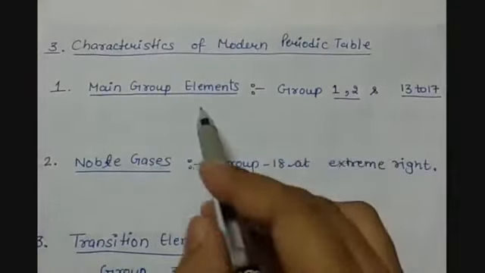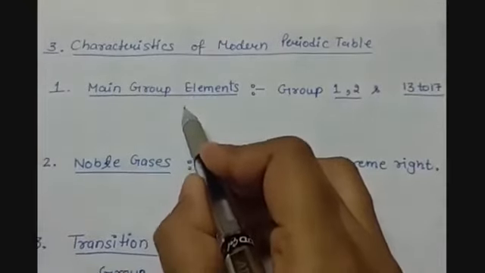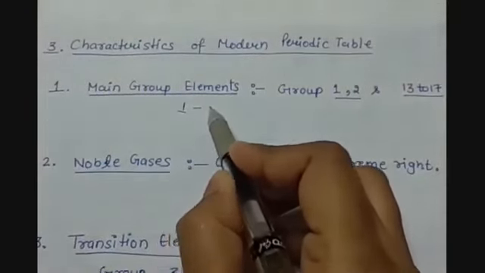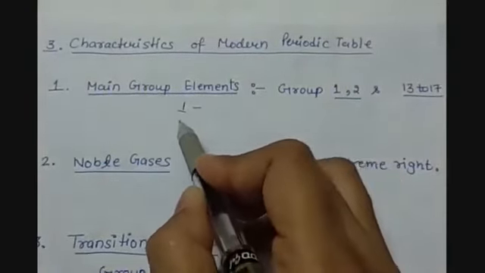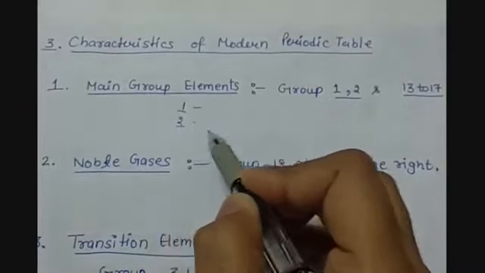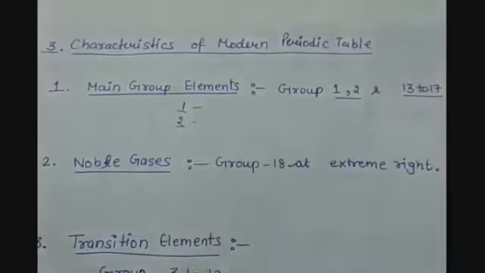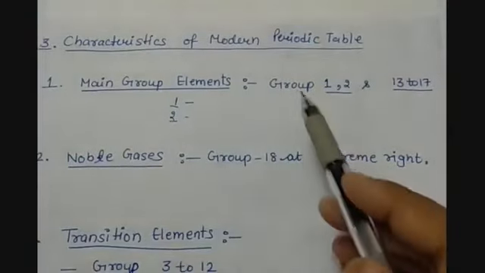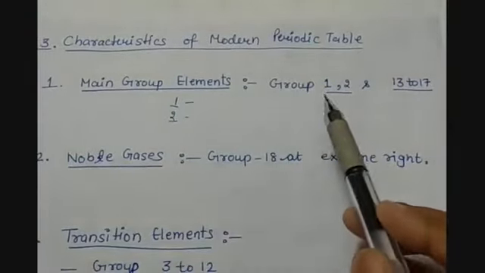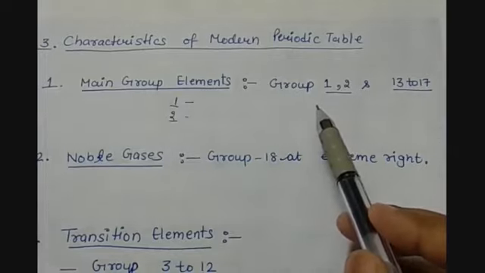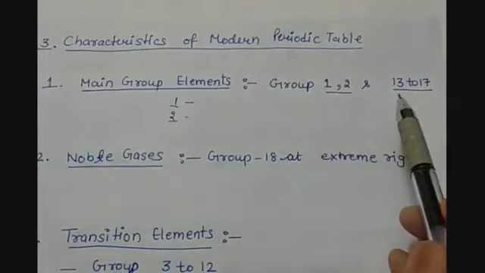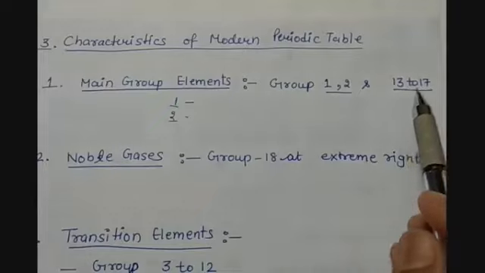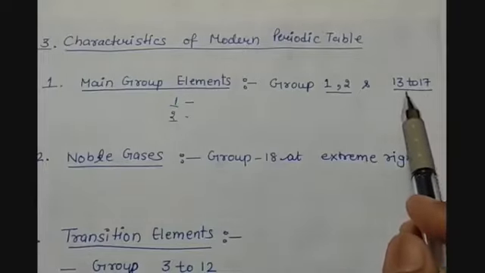In group 1 we will be having alkali metals. In group 2 we will be having alkaline earth metals. Then from group number 13 to 17. Groups 1 and 2 are present at the extreme left of the periodic table, whereas groups 13 to 17 are placed at the right side of the periodic table.